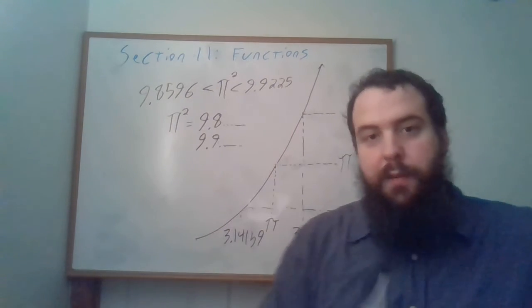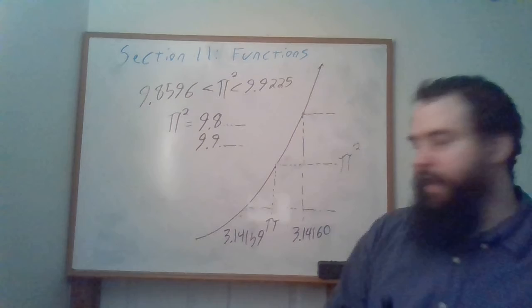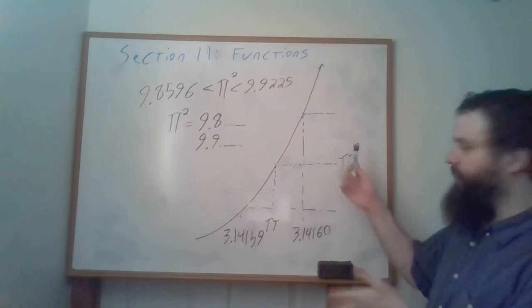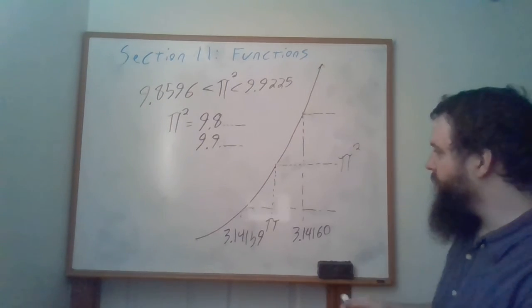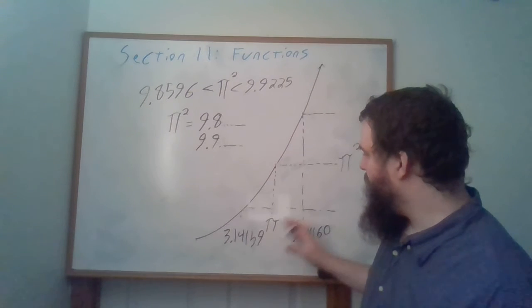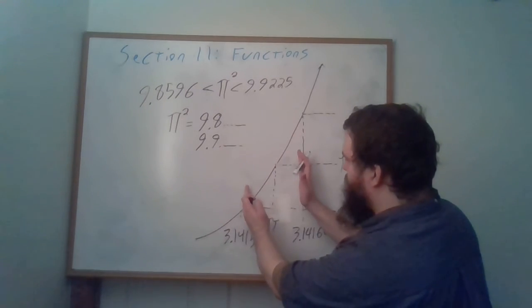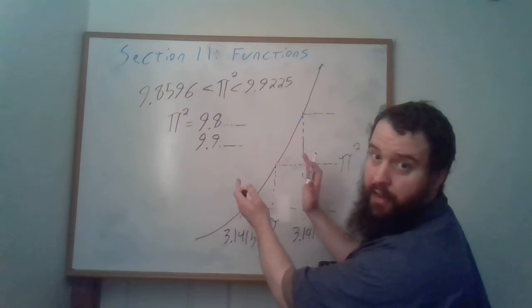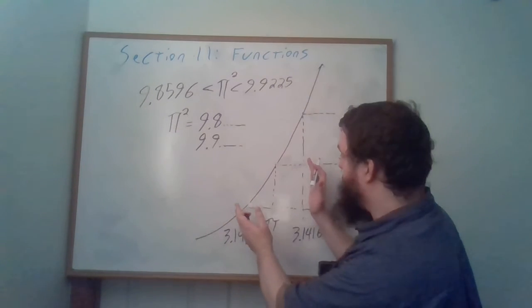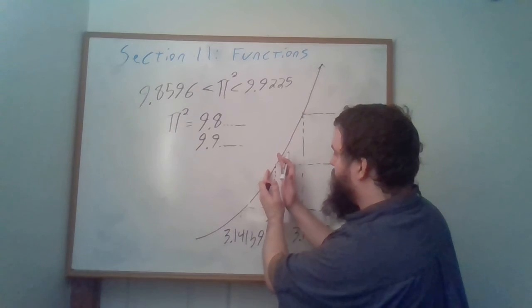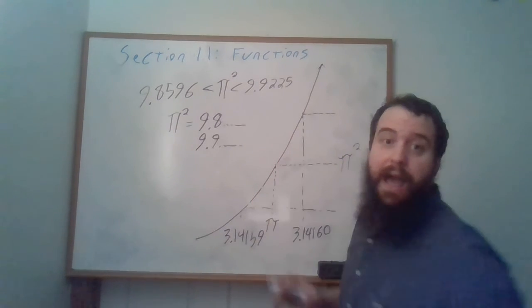And really what the question you're asking is, so I haven't redrawn this graph, but really what's happening is every time we add more digits to this range, what we're really doing is we're picking values of x that are above and below pi. They get closer and closer and closer to the actual value of pi.